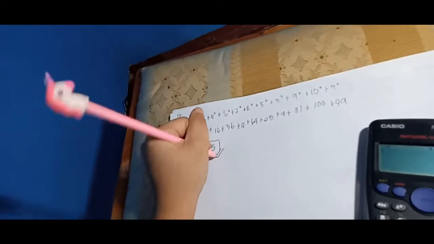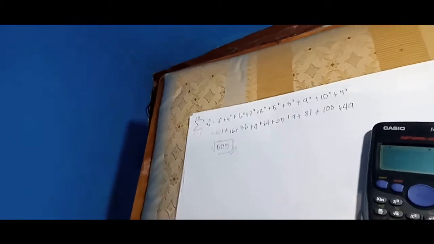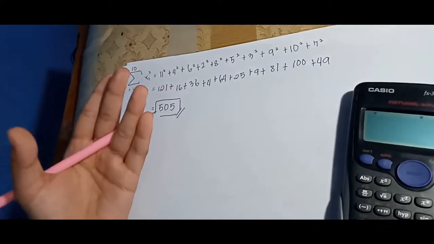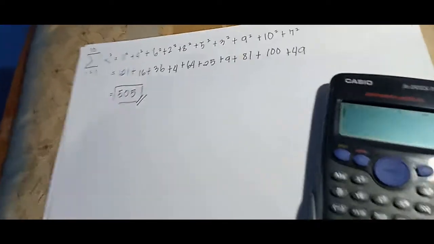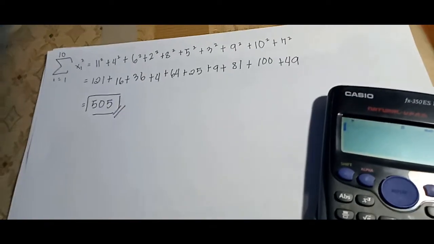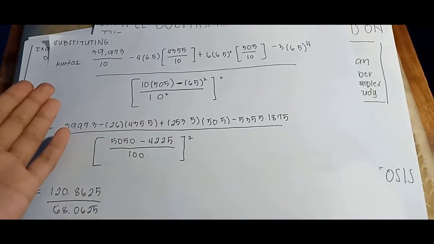So here we go. Now that we got all of it, now let's start with the real solving, which is solving the kurtosis 1. Okay? Are we ready? Okay then. Okay, so let's substitute.